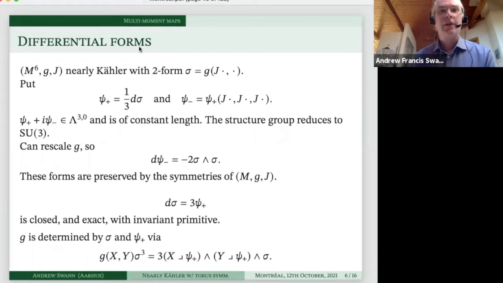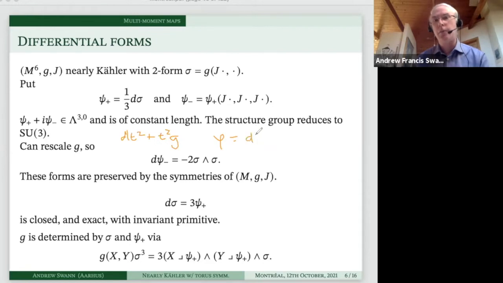I'm not going to use the G2 cone actually, but if you think of this, the 3-form is phi, and the cone metric is dt squared plus t squared times g. And the 3-form here is, there may be a sign error in what I write here, but it's roughly dt wedge sigma plus psi plus.